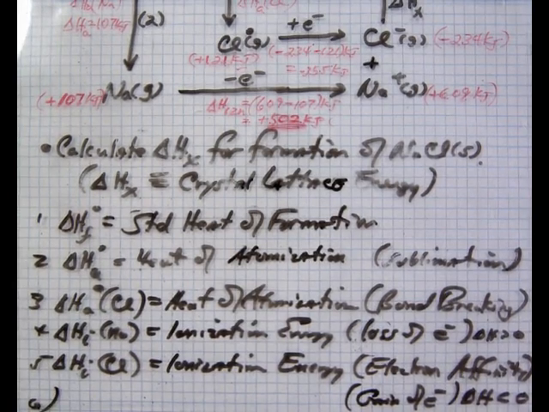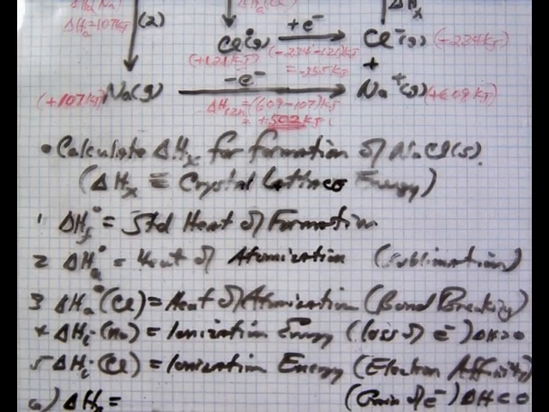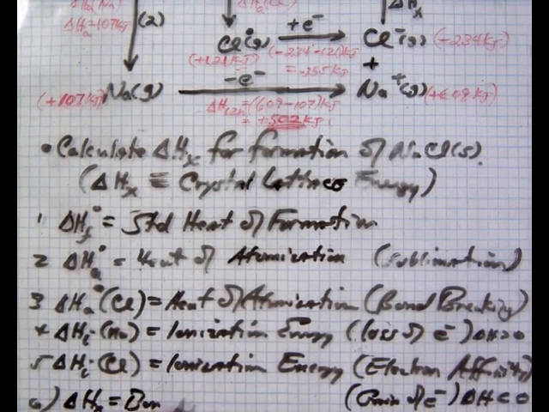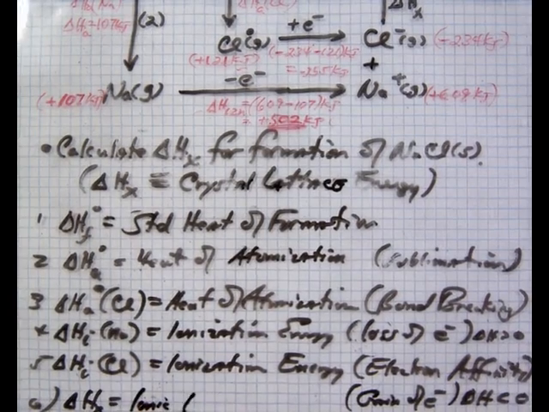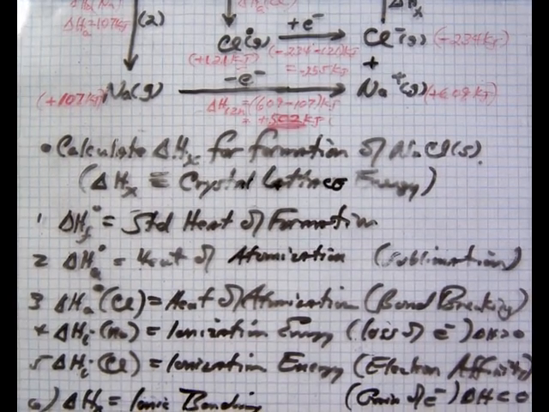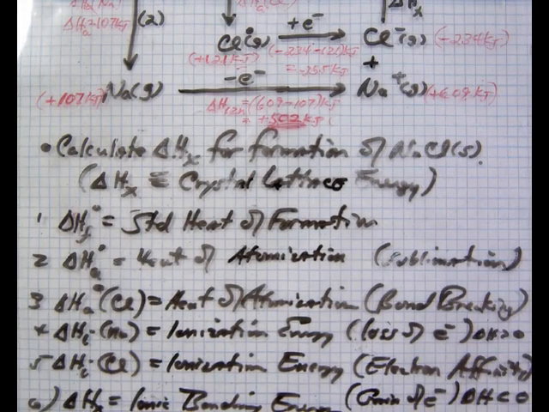This last one is, of course, the crystal lattice reaction, delta H_X, which is your ionic bonding energy. I'm trying to define everything and show you where everything is in the context of this thing.